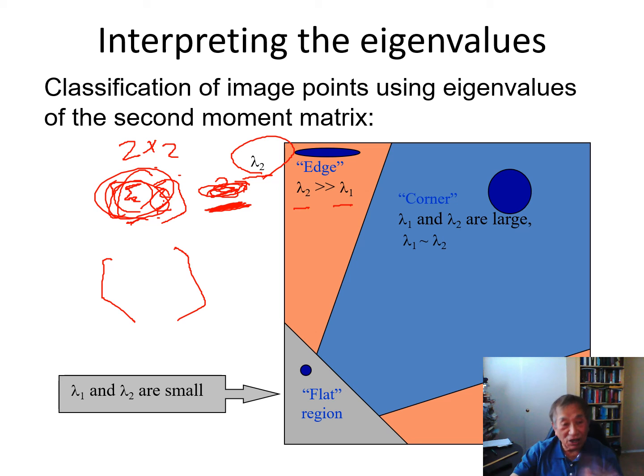And if lambda 1 and lambda 2 are both very large, then this is a corner. And for the edge, one value is much larger than the other one. That is the edge. And if both lambda values are very small, then that's a flat region, which means there are not many changes inside. And this one has drastic changes, that's why it's a large value.